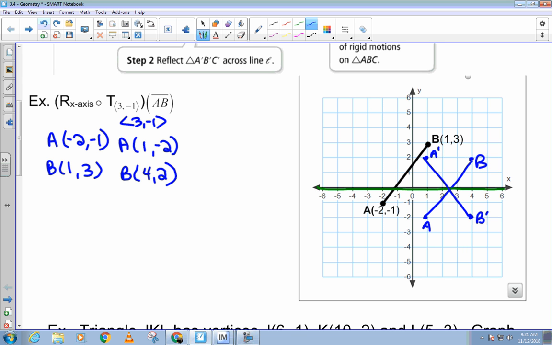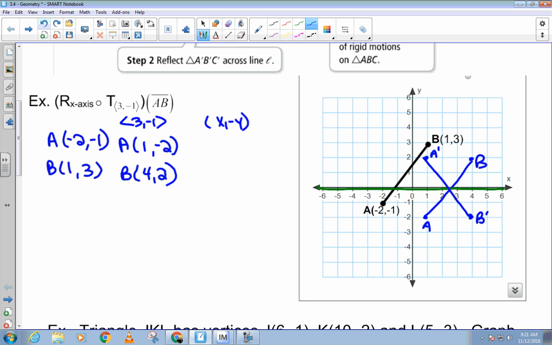Okay? Then I need to do a reflection over the x-axis. What's the rule for reflecting over the x-axis? You remember? We did it by graphing, but what's the rule? You change the opposite coordinate. So if I reflect over the x-axis, I change the sign of the y. That's it. So that would be (x, -y).